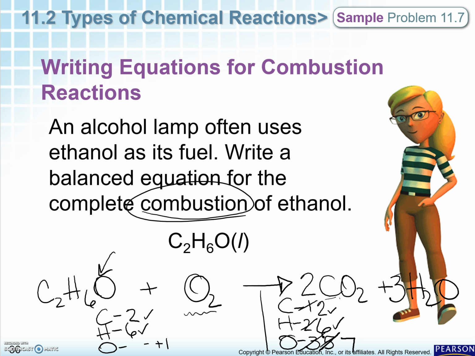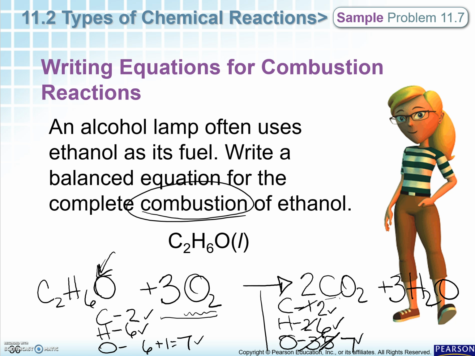So I think I would want to have 6. So we would use a coefficient of 3, which would give us a total of 6 oxygens from the product of just oxygen gas, plus our 1 from our alcohol lamp to give us a total of 7.